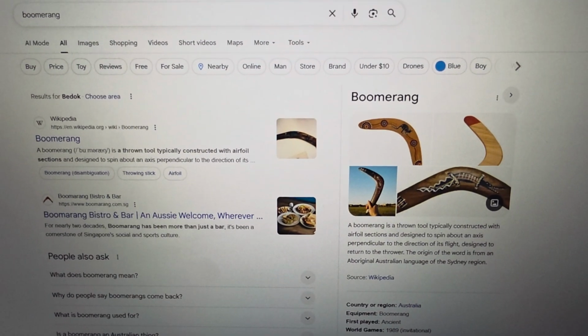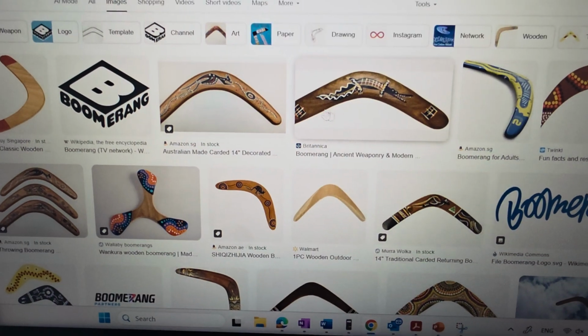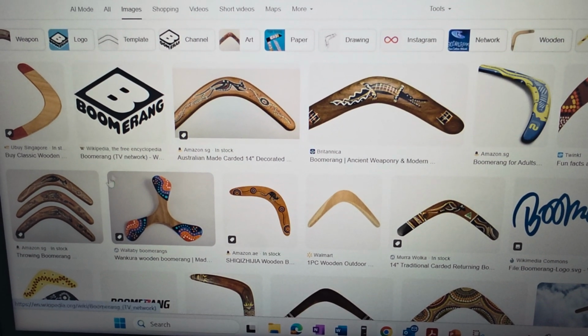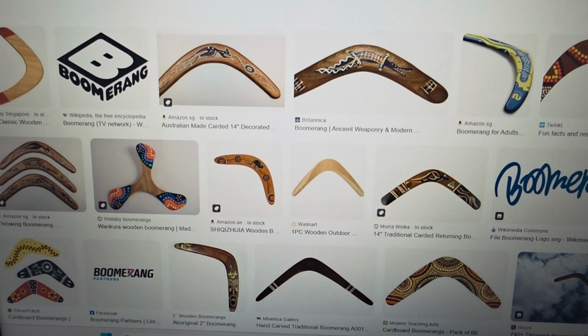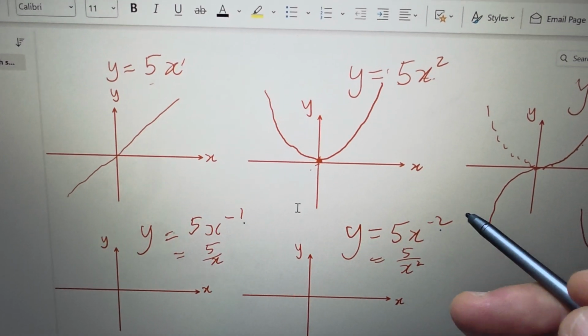So the shape of a boomerang looks like this, which is exactly the shape of the graph that we are going to draw now when the power is minus 1 and minus 2.